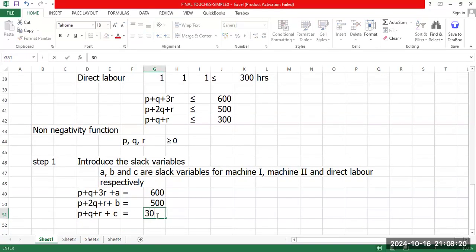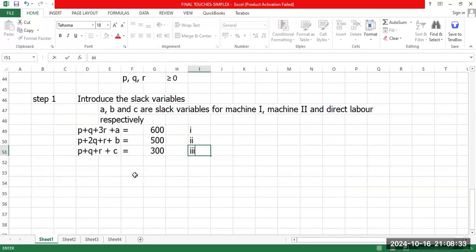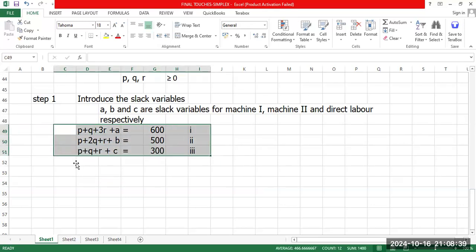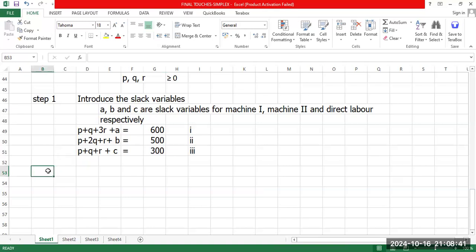Then here is 600. So these can now be your equations. This is equation 1, this is equation 2, then this is equation 3. You have introduced slack variables. Now it can be easier for you to formulate step 2.